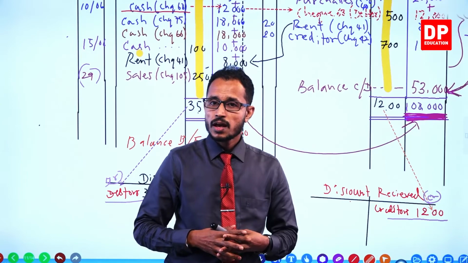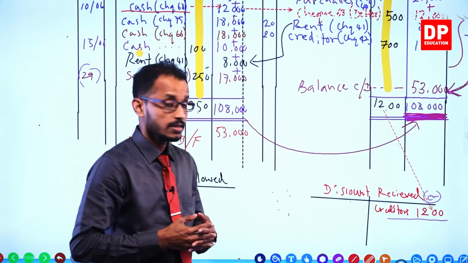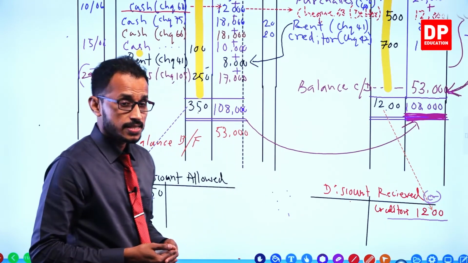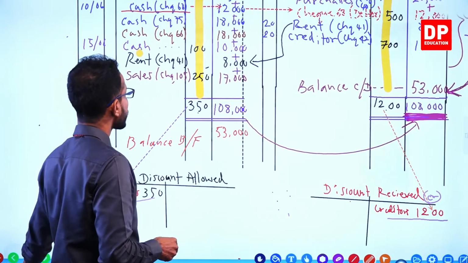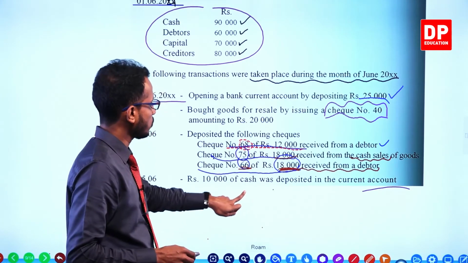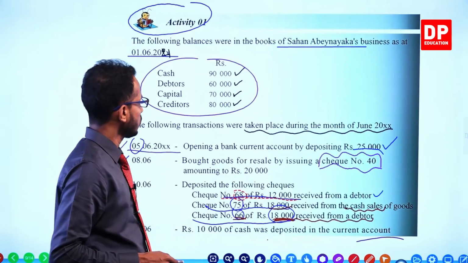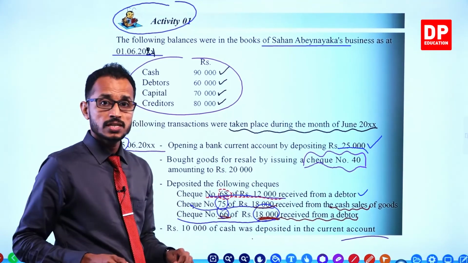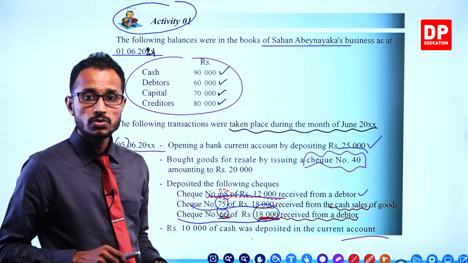Children, we completed this exercise, this activity number 1, which is in your textbook. Unfortunately, there were no discounts, but we discussed how to treat discounts.